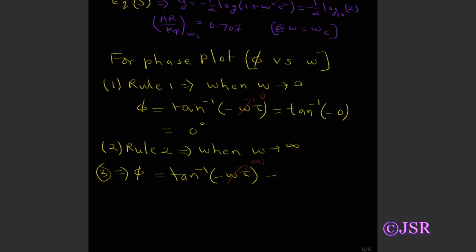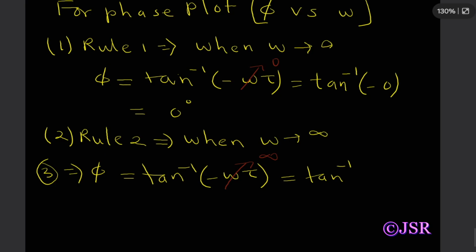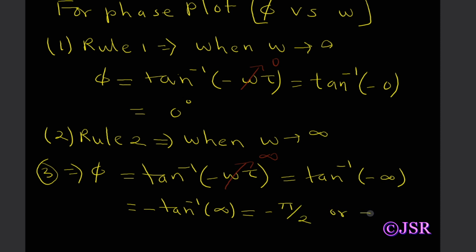So this will be equal to tan inverse minus infinity, which can be written as minus tan inverse infinity, and tan inverse infinity is pi by 2, so this will become minus pi by 2 or minus 90 degree.